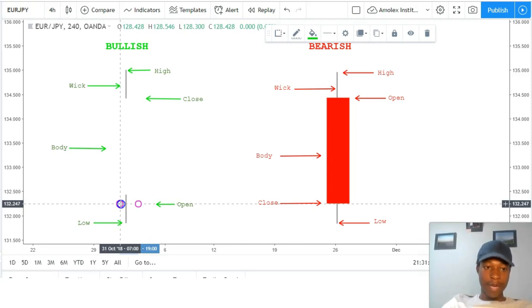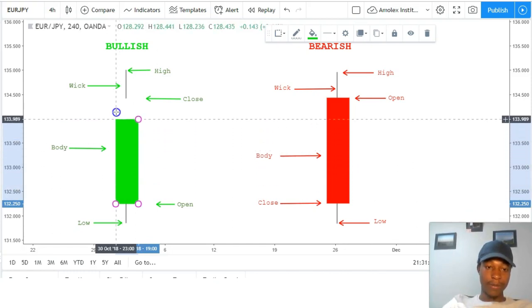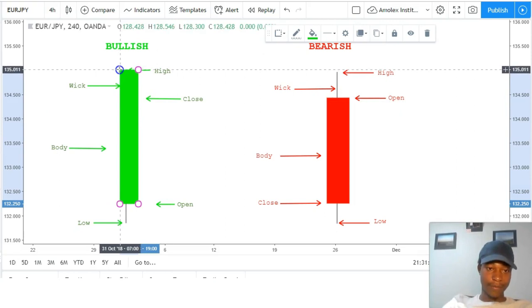Depending on the time frame you're using, if you're using a 1 day, that means the candle will close in 1 day. If you're using a 4 hour, then in 4 hours. If it's 1 hour, then in 1 hour, right? So let's say it's a day candle. It opens here, goes up during the day until it reaches this high level.